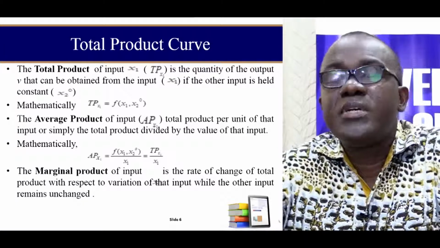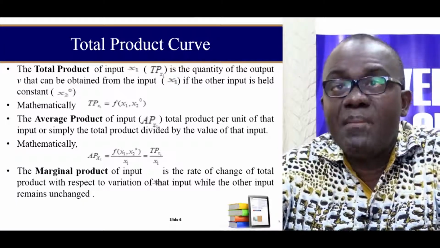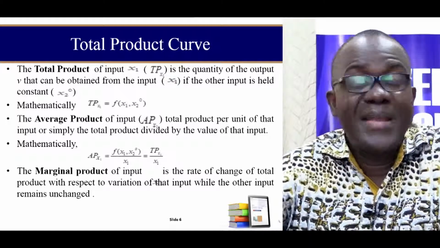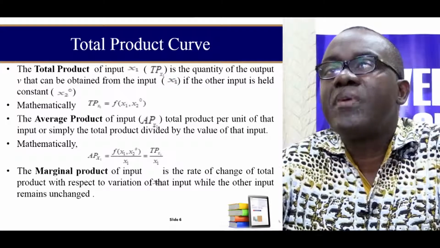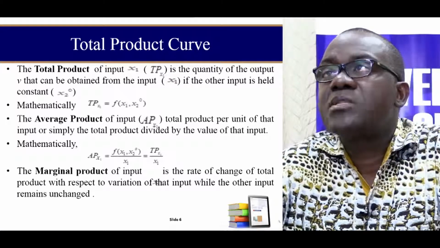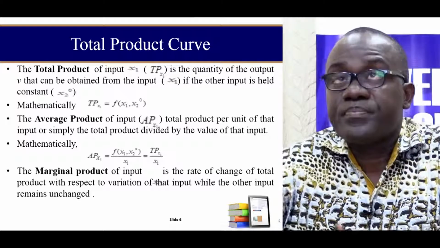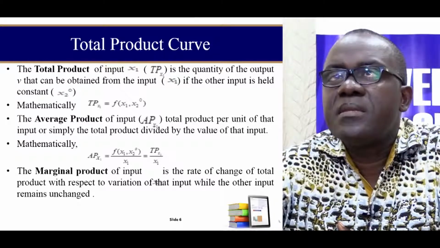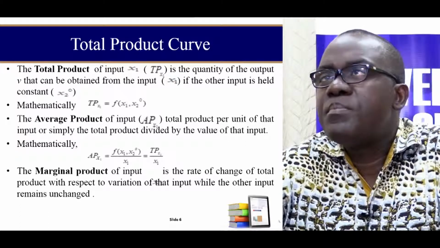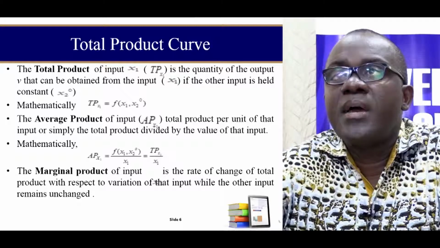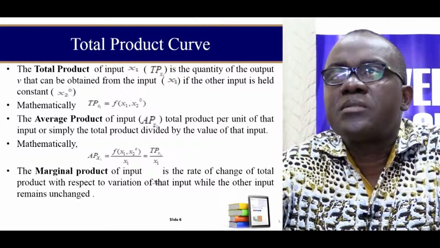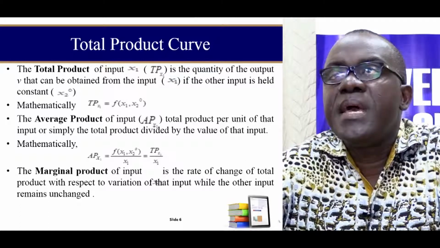What we need to do is to know the total product, average product, and the marginal product of an input, and then know the relationship between them. The total product of an input, let's say x1, is the quantity of the output that can be obtained from the input if the other input is held constant. So in our total product here, you have your x2 being a constant, and you have your x1 over here.